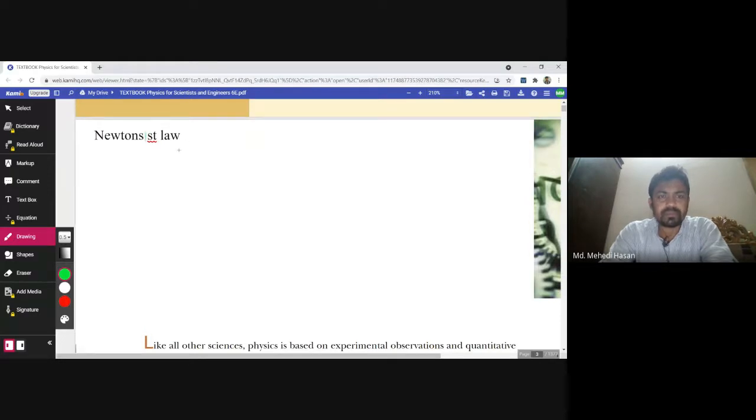Okay, so in case of Newton's first law, it's mainly all about inertia, and it talks about inertia and force also.